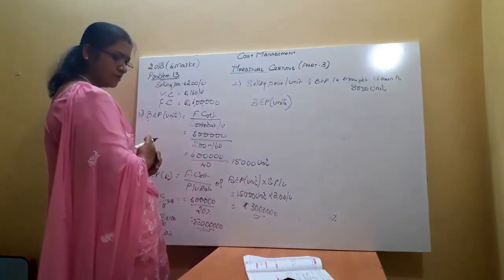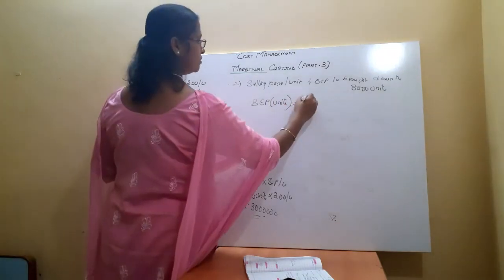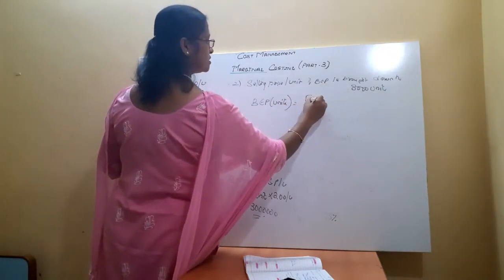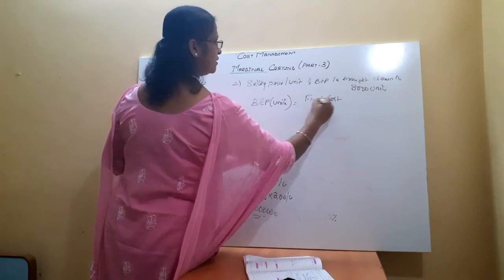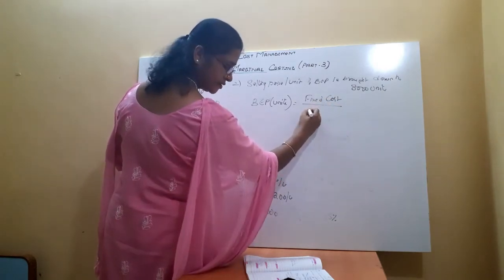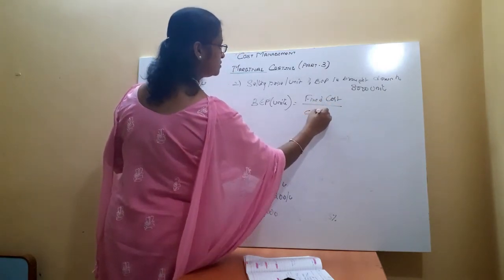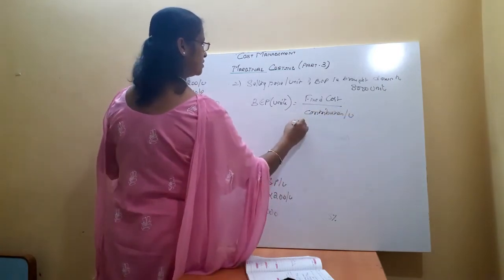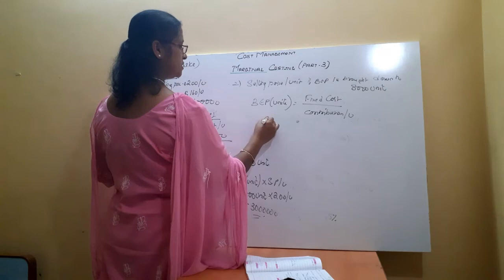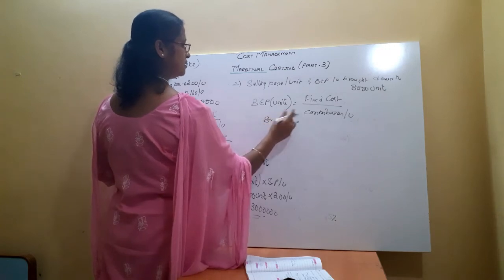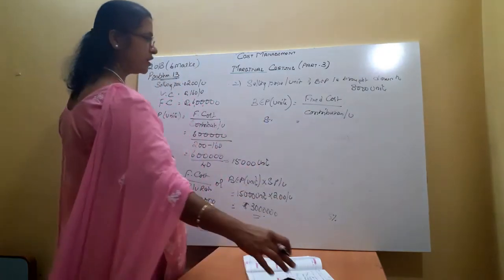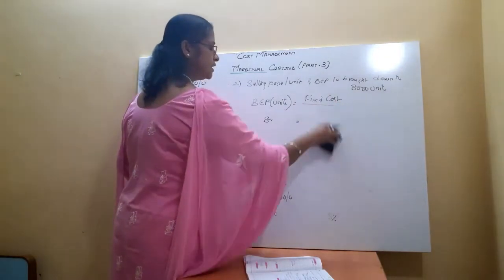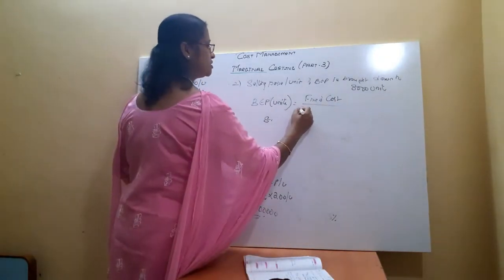So what is the formula for BEP units? BEP in units is fixed cost divided by contribution per unit. Because they have asked us to find the selling price, we will take it separately. What is contribution?